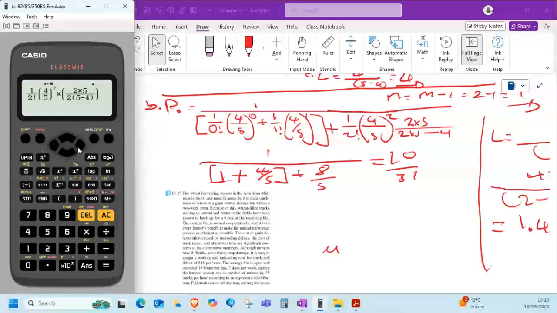I need my formula just to make sure everything is good. 1 over 2, 4 over 5 to the power m, multiplied by... let me see if I say that. Over 5.